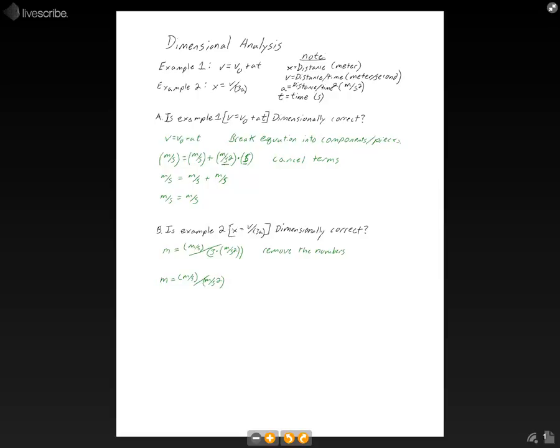Then, when dividing a fraction by another fraction, so the meters per second divided by meters per second squared, you can take the fraction that's in the denominator, or in the bottom, and you can take the reciprocal and multiply it by the numerator like this.